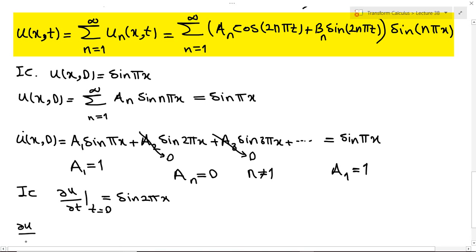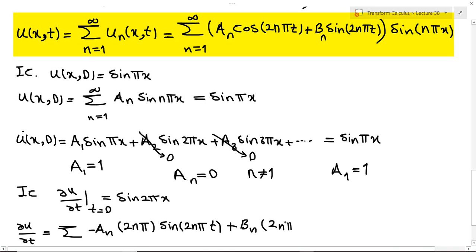So the derivative of u with respect to t is equal to summation of, so the derivative of a_n cosine 2n pi t is equal to minus a_n times 2n pi times sine 2n pi t, plus the derivative of b_n sine 2n pi t, which is b_n times 2n pi times cosine 2n pi t, and it's all multiplied by sine n pi x.